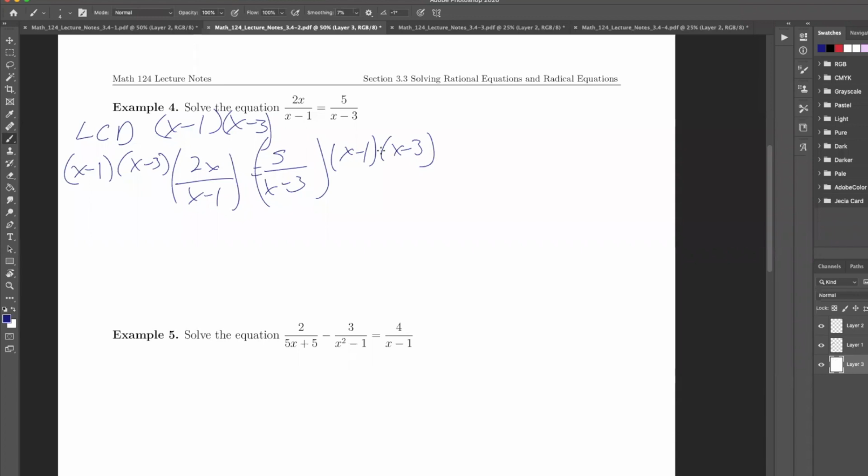So there's your next step. Notice here you can cancel some things. I'll go ahead and cancel some things with you. And so you're left with 2x times x minus 3 is 5. All right, and let me know when you guys get answers and put them in chat.